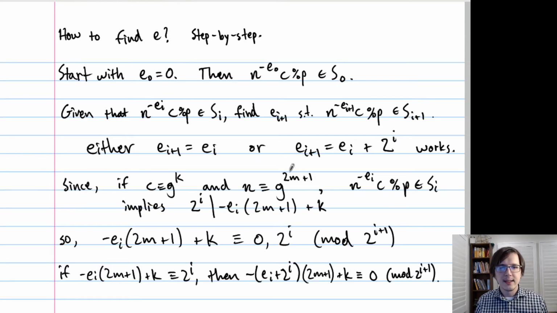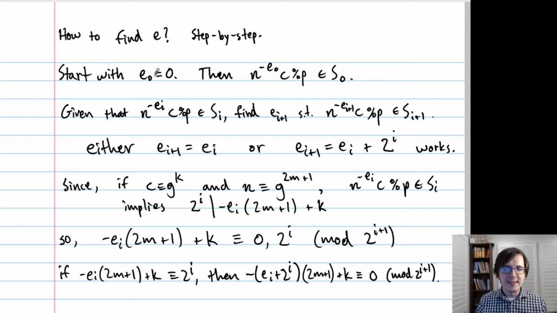Okay, so how do we find this e? This is also a way to prove that an even e exists. To do it, we go step by step, walking down these nested S_i sets. We start with e_0 = 0, and we can see that n^(-0) c mod p is in S_0, because S_0 contains everything.